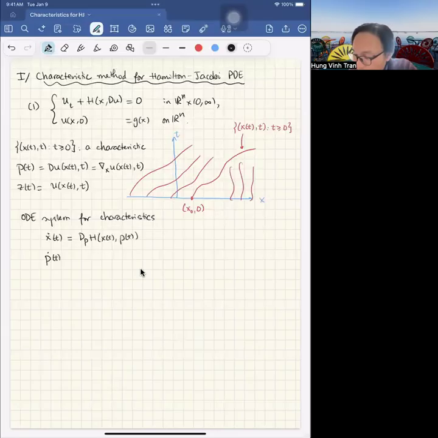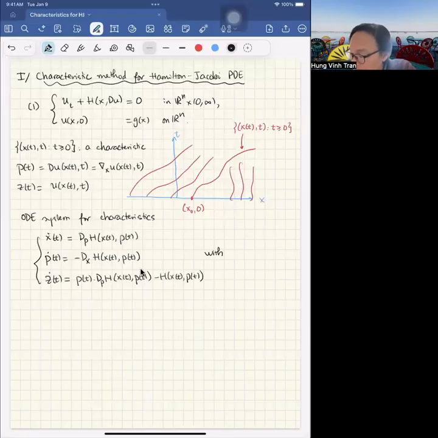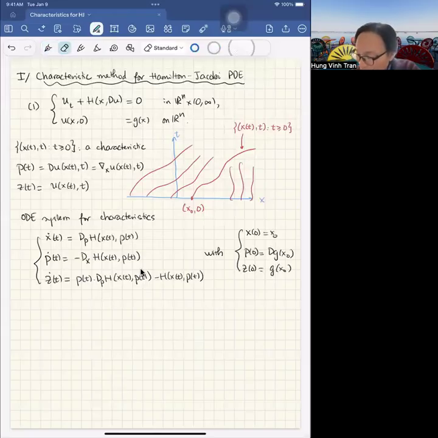And we have p dot of t equals minus D_x H of x(t), p(t). Finally, z dot of t equals p(t) dotted with D_p H of x(t), p(t), minus H of x(t), p(t), with given initial conditions: x(0) equals x_0, p(0) equals Dg of x_0, because g is the given initial condition, and z(0) equals g of x_0, the initial condition evaluated at x_0.